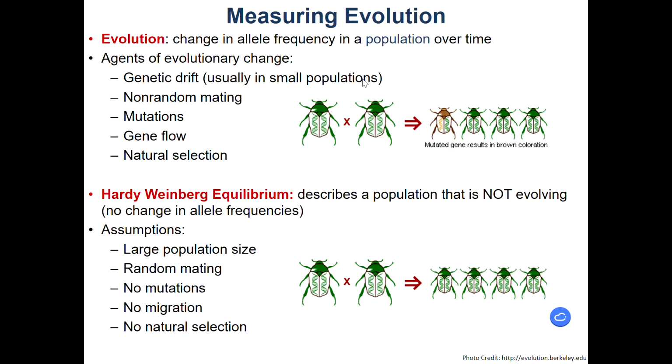If you're in Hardy-Weinberg equilibrium, there is no evolution, no change in your allele frequency. Everything is going to stay the same in your population. So in this example with our green beetles, if you haven't figured out, I really like insects, we're going to keep having green beetles. No evolution. Our allele frequency for the green color is the same over generations.